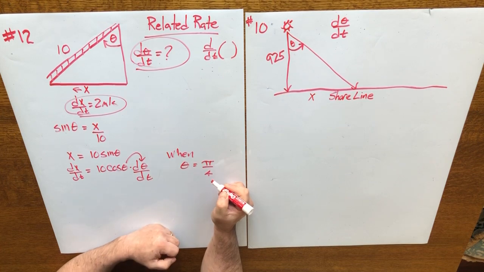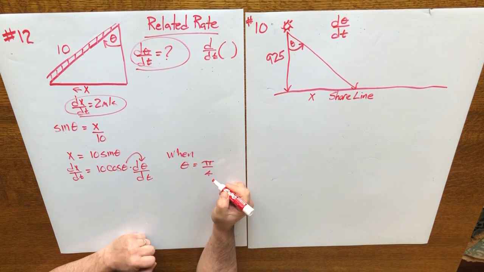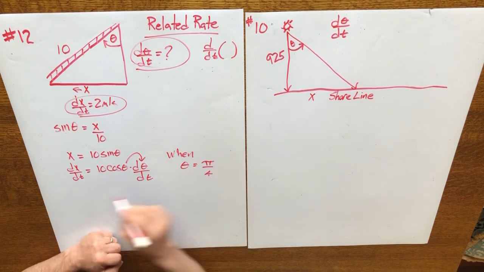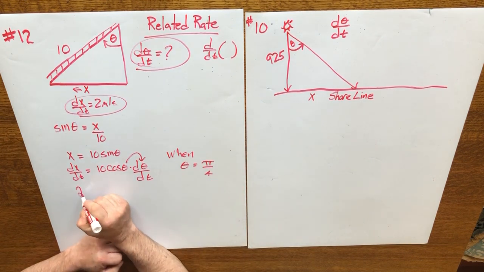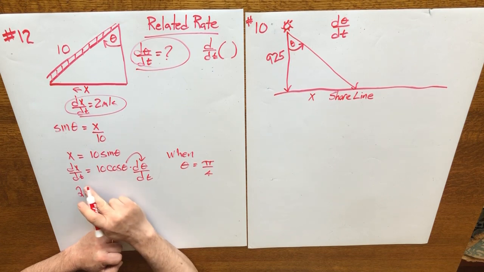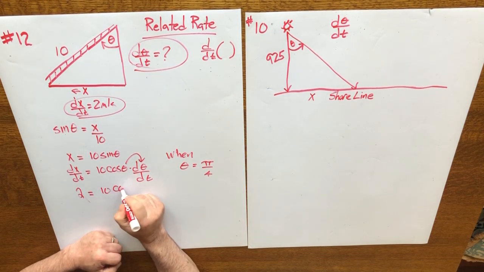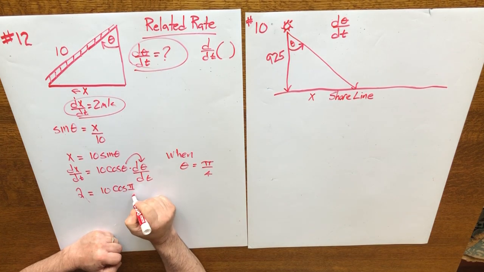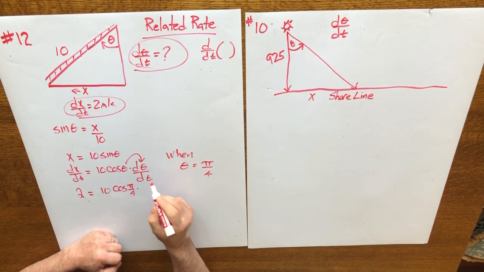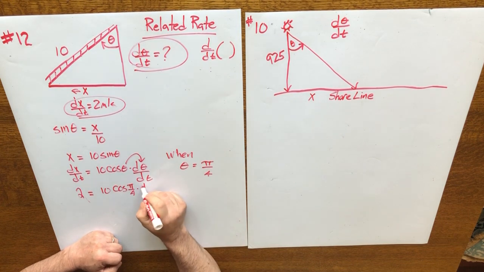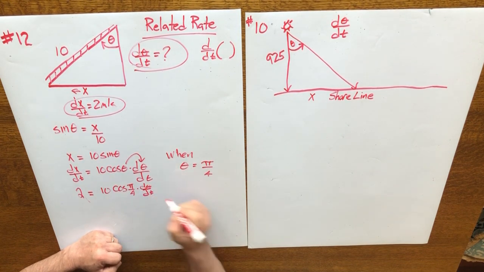Well, what happens when theta is equal to pi over 4? Let's see if we can find our value. Dx over dt, 2 meters per second, we'll just put the number 2 in there, equals 10 times the cos of pi over 4 times our unknown value, d theta over dt.